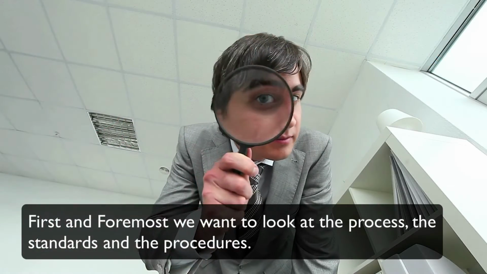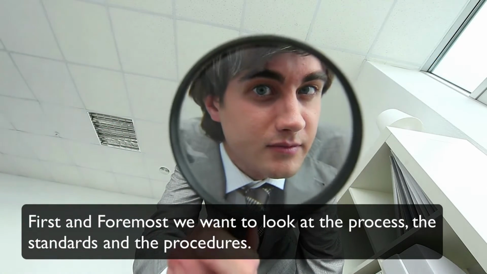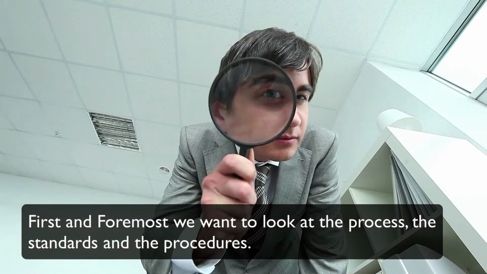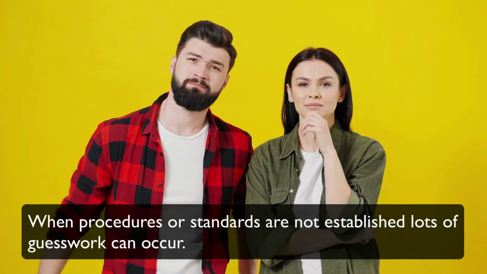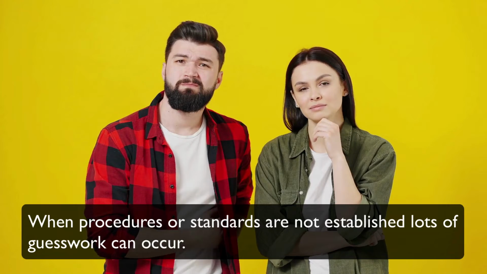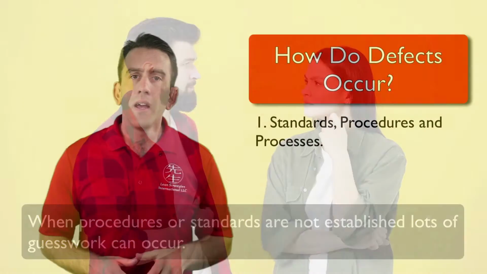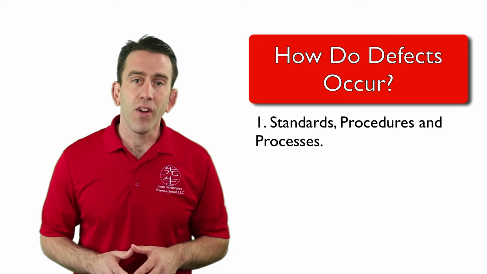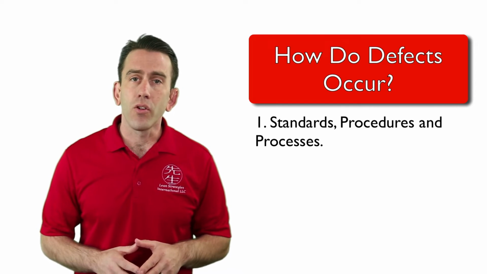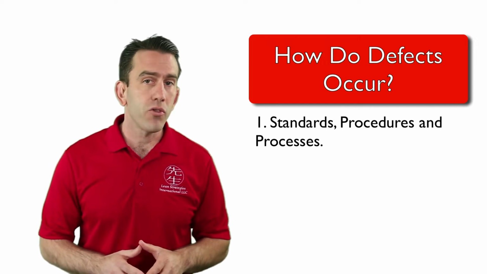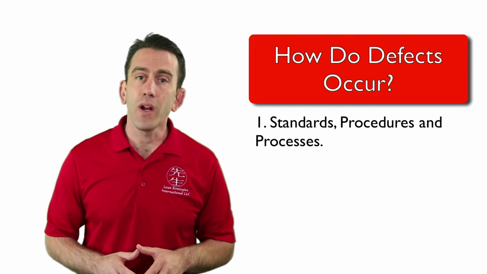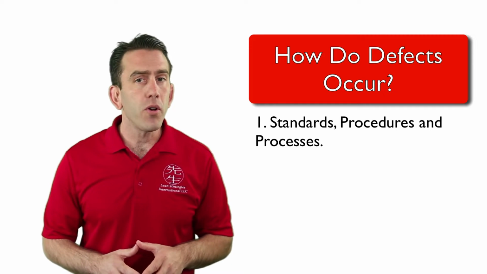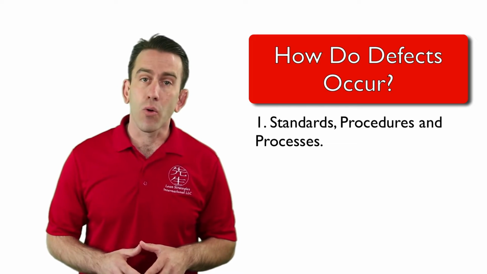First and foremost, we want to look at the process, the standards, and the procedures. When procedures or standards are not established, lots of guesswork can occur. This oftentimes is a key factor in the creation of a defect. If by chance standards and procedures are established and defects are still being created, the standard or the procedure may not be correct.